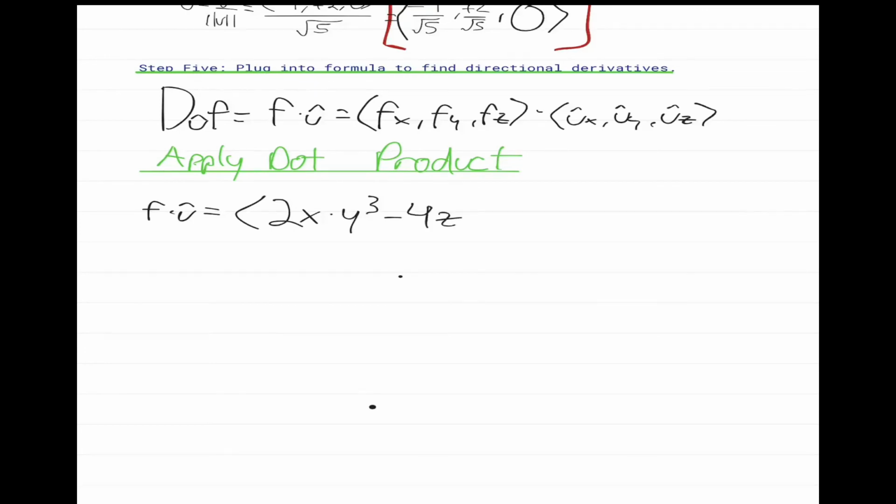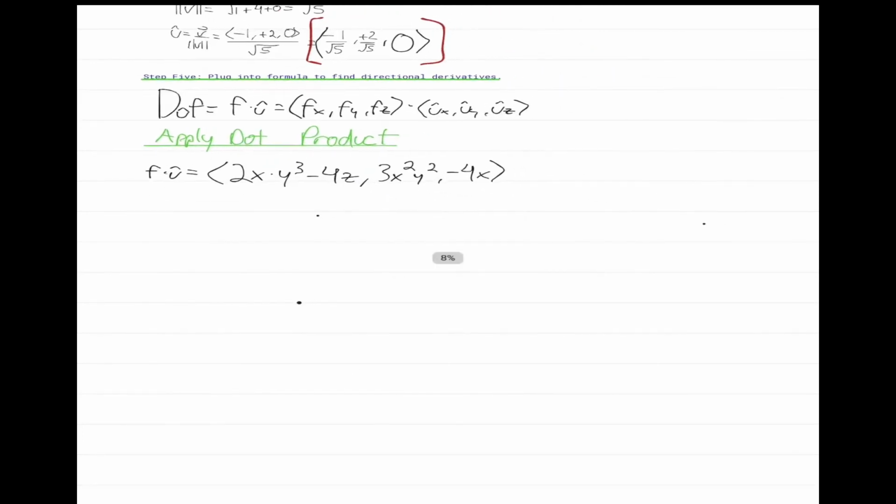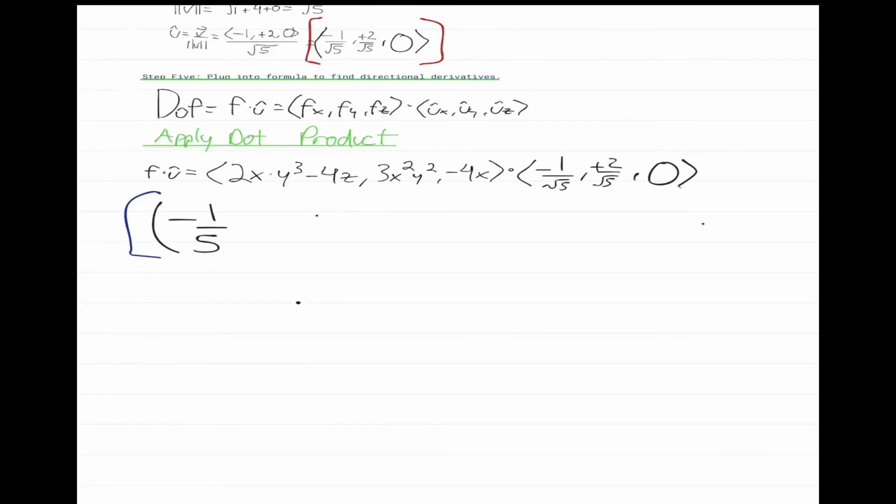So partial x is 2x times y cubed minus 4z. Partial y is 3x squared times y squared. Partial z is minus 4x. And then we're going to dot this with the unit vector: negative 1 over the square root of 5, positive 2 over the square root of 5, and then 0. So now when we simplify this further, we're going to join all these terms together.